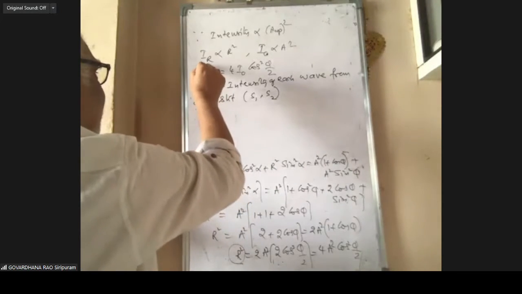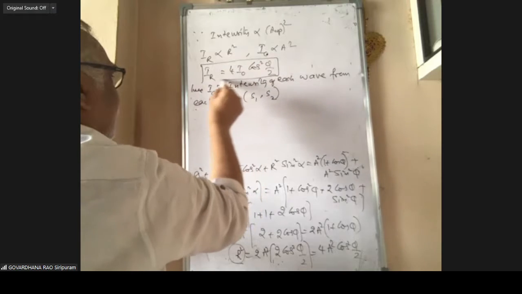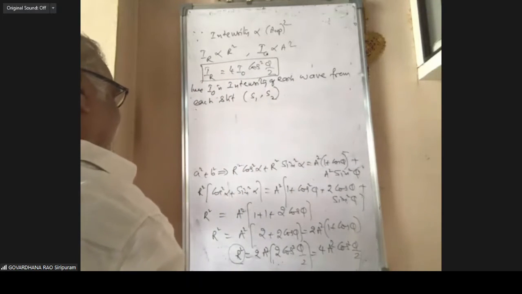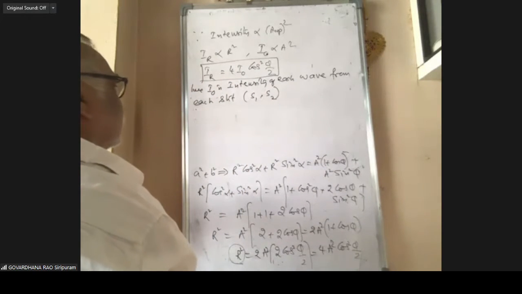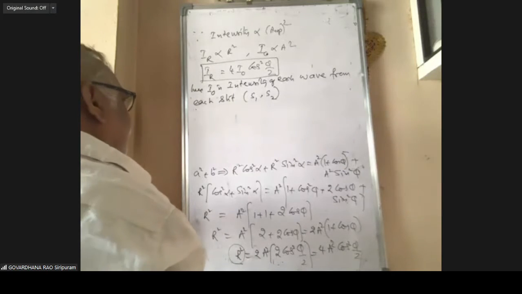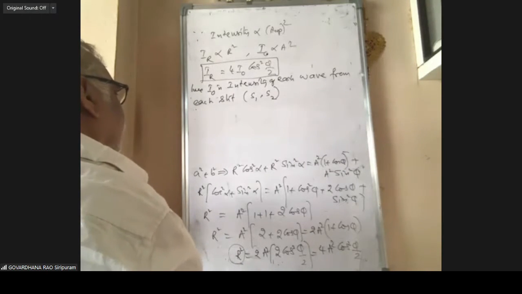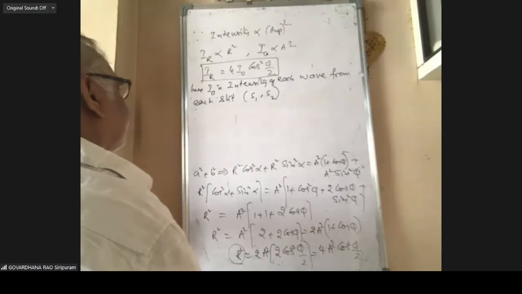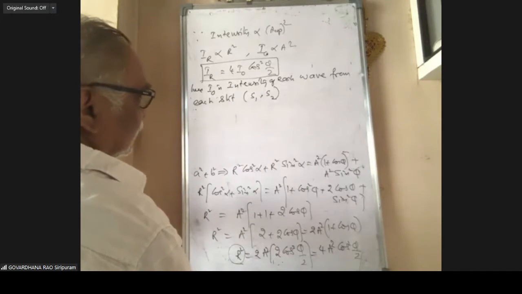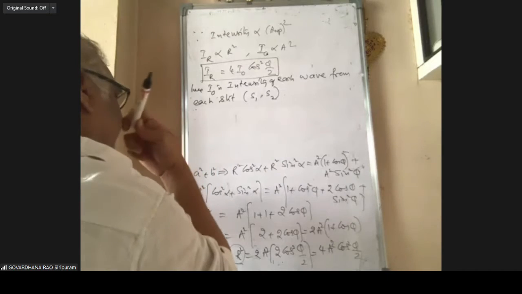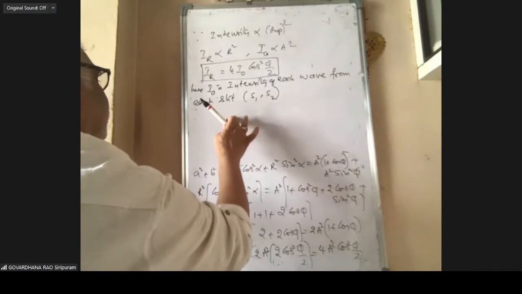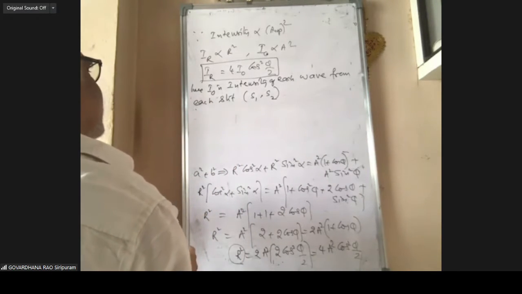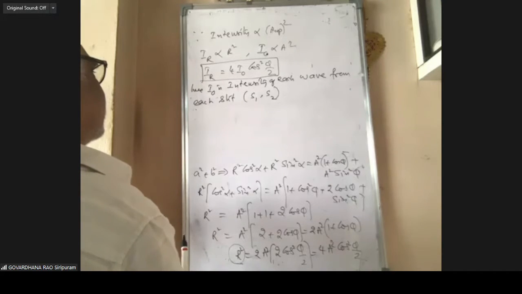Okay, this is the resultant intensity. Now you have to find out the maximum intensity and minimum intensity, correct?